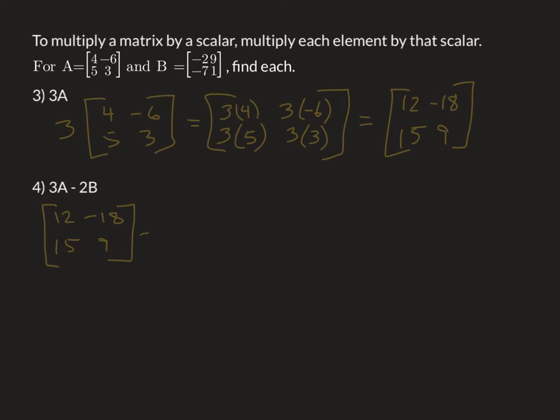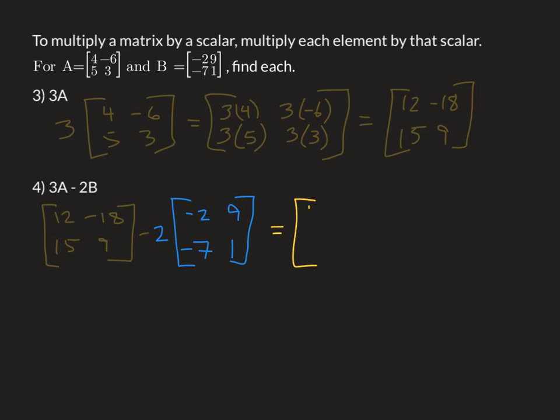Now we're subtracting that by when we take 2 times B. So we're subtracting 2 times all of the matrix B, which is -2, 9, -7, 1. And so we end up multiplying together, or excuse me, subtracting.